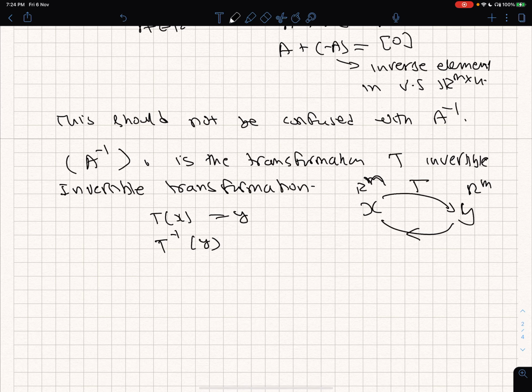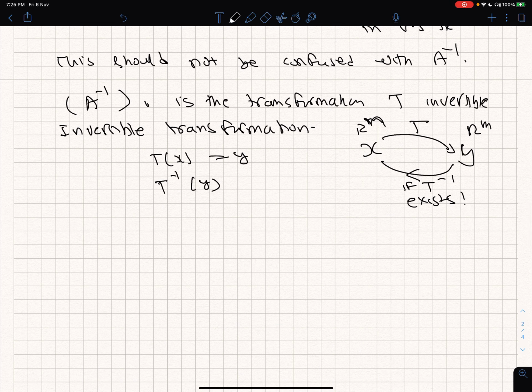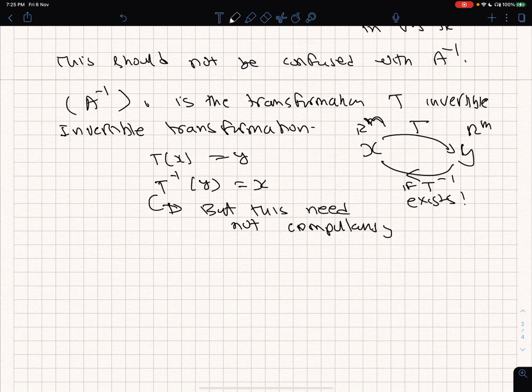This is your action T. If T inverse exists, this need not exist, mind you, not necessary, even with linear transformations. Then T inverse of y will give us x, but this need not compulsorily exist. I'll give you an example.